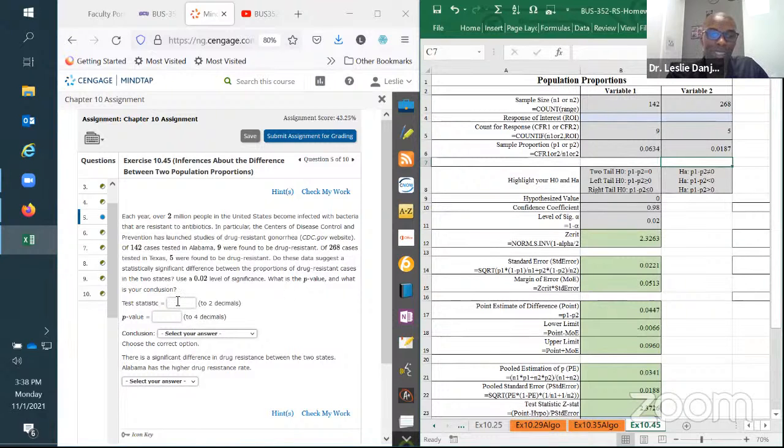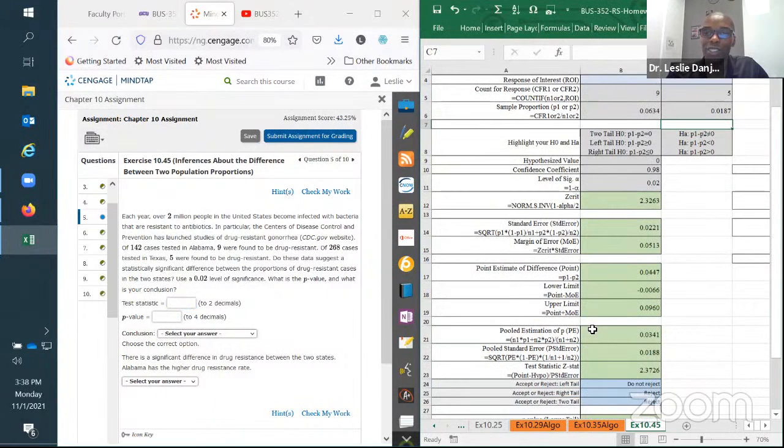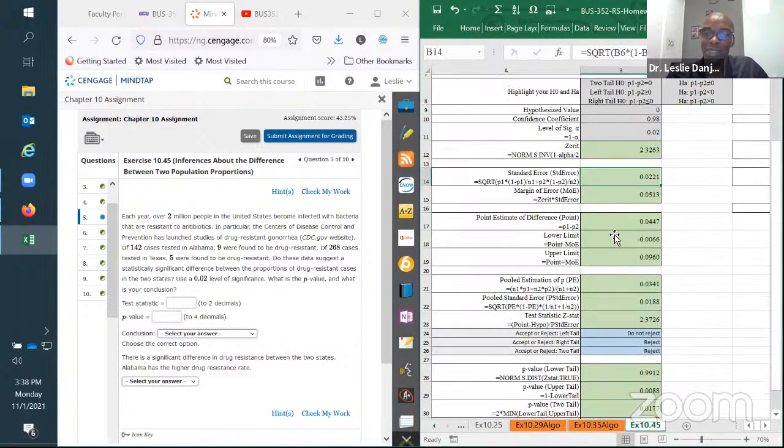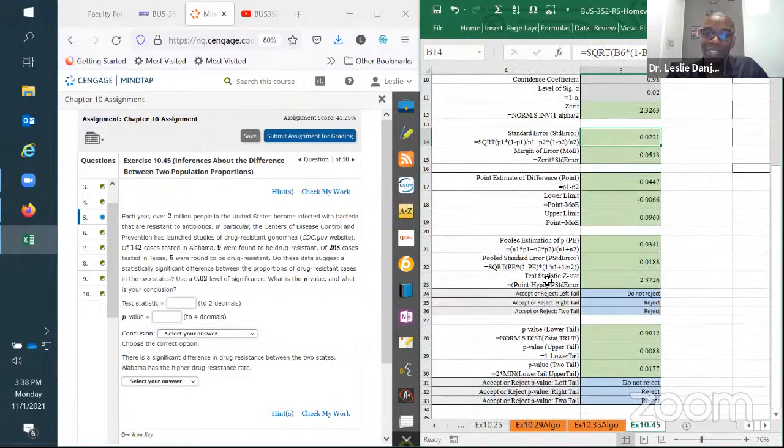So what is my test statistic? Scroll down and you're looking for not the critical value, you're looking for your test statistic. Test statistic way down here. They want 2 decimal places. So 2.37, check your work.